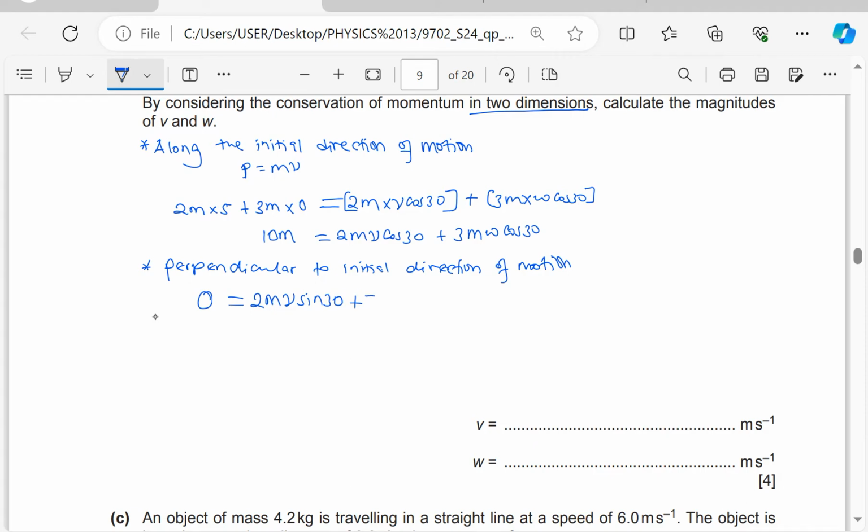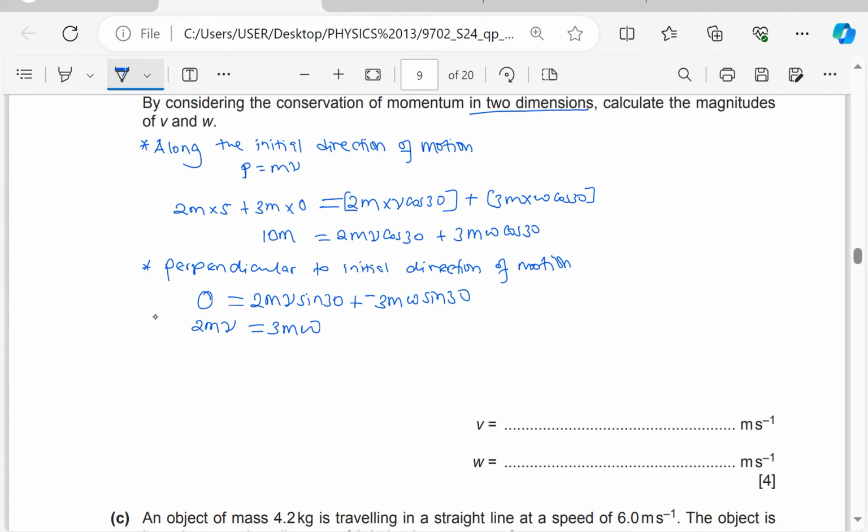So it's plus negative 3m times w sine 30. When I simplify this, m cancels, sine cancels. Let me leave m there so that I will easily substitute. So 2mv is equal to 3mw. I've only cancelled out sine 30.